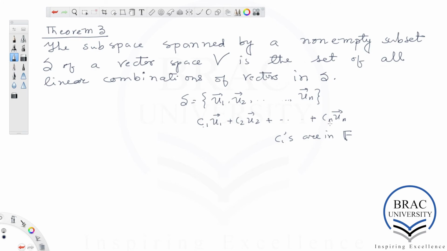By varying them, we get different linear combinations, so we have a collection of linear combinations. By the set of all linear combinations, we mean this collection, where the coefficients are variables in F. All right, let's see how we prove Theorem 3.